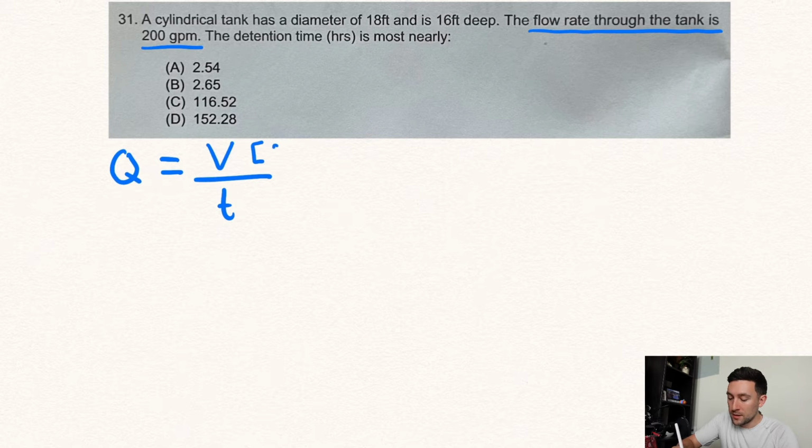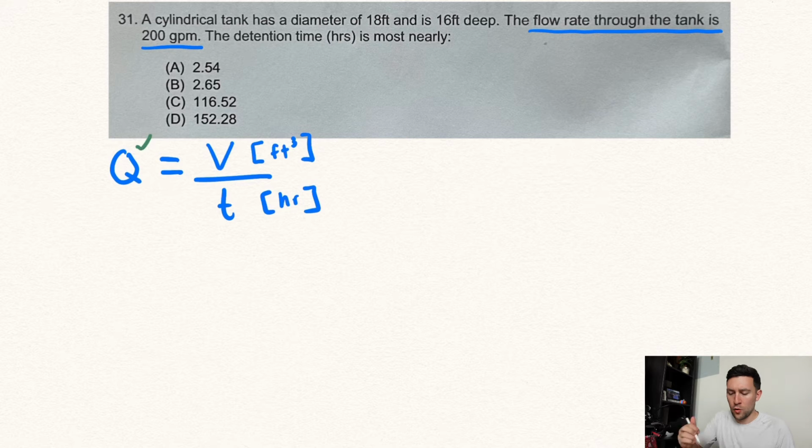But a volume can be this foot cubed here over a time, which in this case could be hour that we're looking for. So if we were given a flow rate, a Q, and then technically we were given a tank with some details here with the diameter and depth, I think we're getting pretty close to finding the volume of what we need.